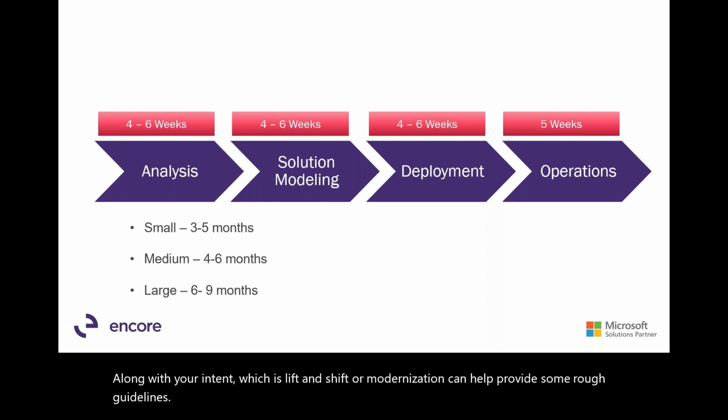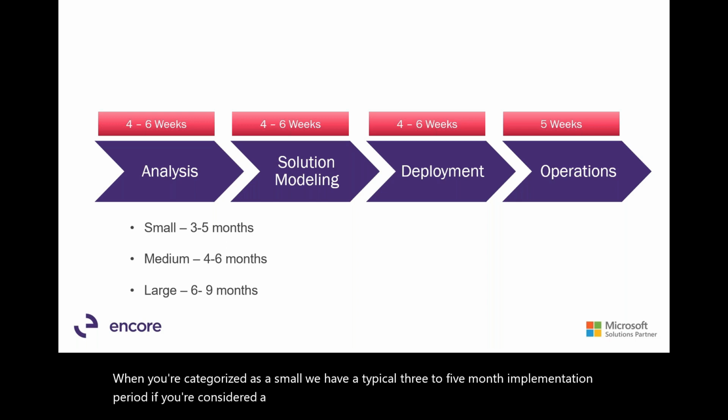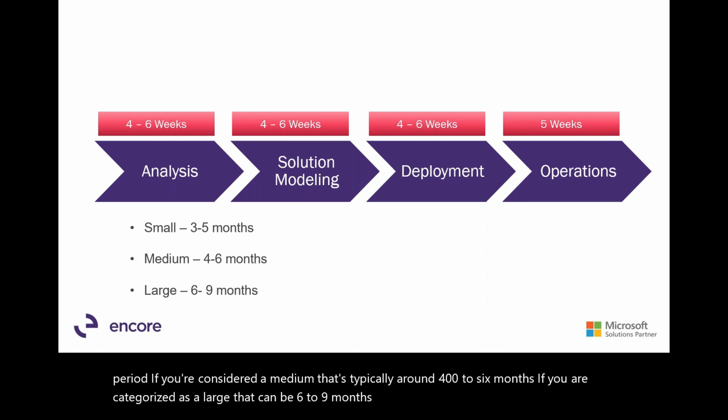When you're categorized as a small, we have a typical 3 to 5 month implementation period. If you're considered a medium, that's typically around 4 to 6 months. If you are categorized as a large, that can be 6 to 9 months or even a year.